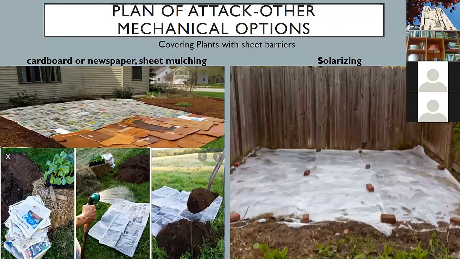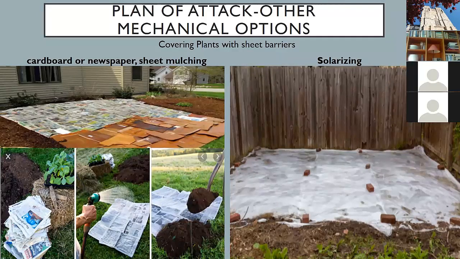Another mechanical option is covering plants with sheet barriers. These are techniques that provide a surface cover designed to kill existing vegetation under it and to eliminate the seed bank of undesirable plants. So on the left is sheet mulching, where you mow or weed whip low to the ground, removing as much vegetation as possible.